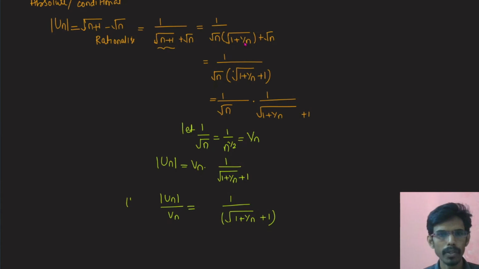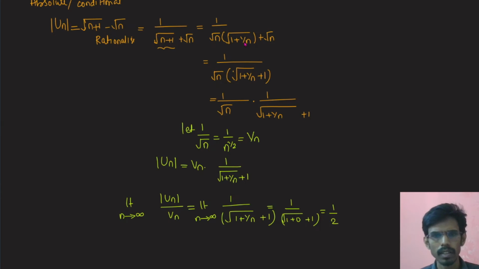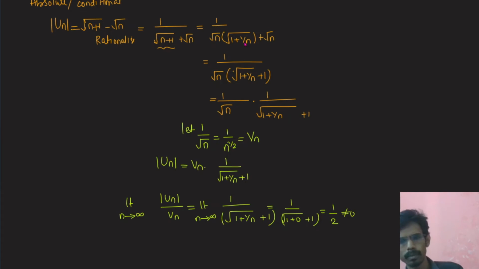Now apply limits on both sides. N tends to infinite, limit n tends to infinite. If I put the limit here, I'll get 1 by root 1 plus 0 plus 1. So I'll get 1 by 2, not equal to 0, means non-zero value, finite value.